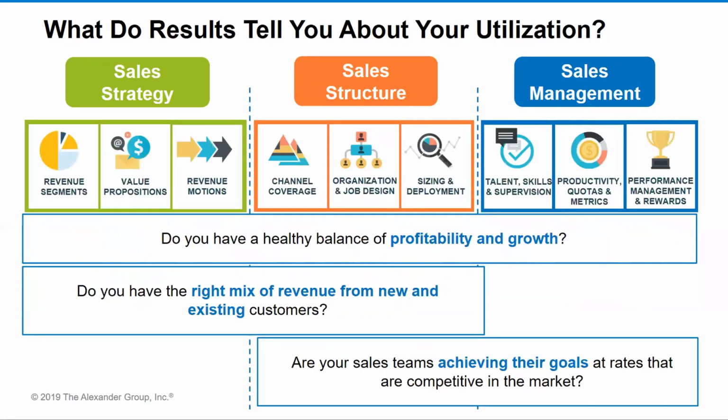Thanks, Davis. First, we can think about some of the key business questions which you can look to your results to answer. Your balance of profitability and growth speak to the overall effectiveness of your revenue growth model and your current growth stage, for example, being more startup growth mode versus late stage low growth optimization.